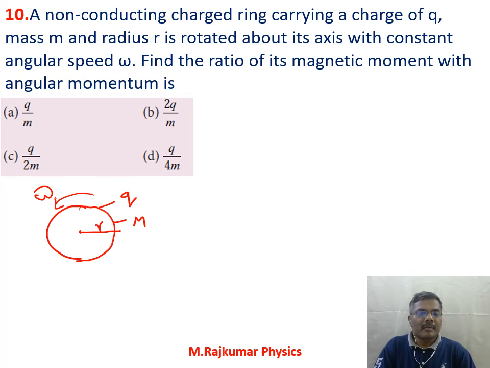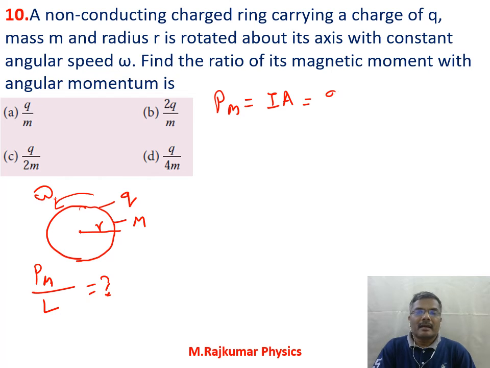So magnetic moment is Pm, and angular momentum is L. So this ratio only we have to find, Pm by L. You know the magnetic moment for this ring will be equal to I into A, the current into the cross section.